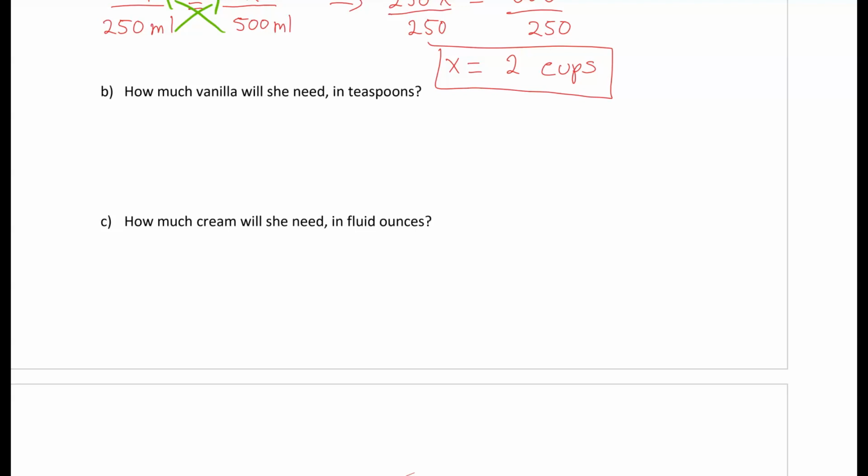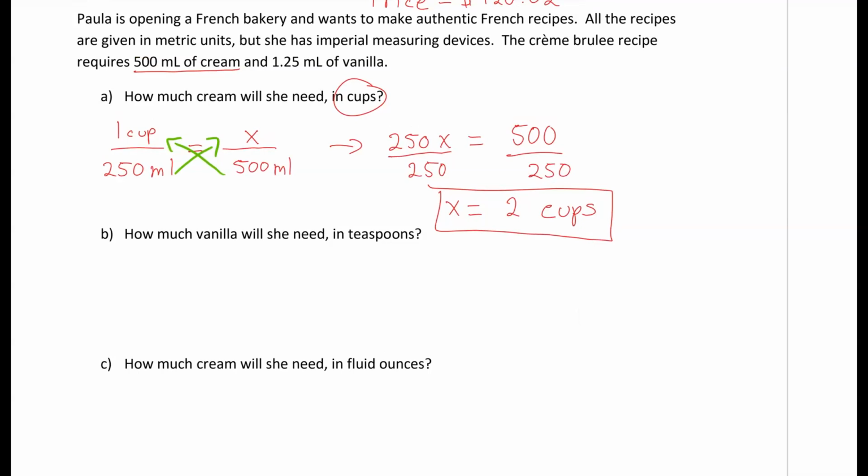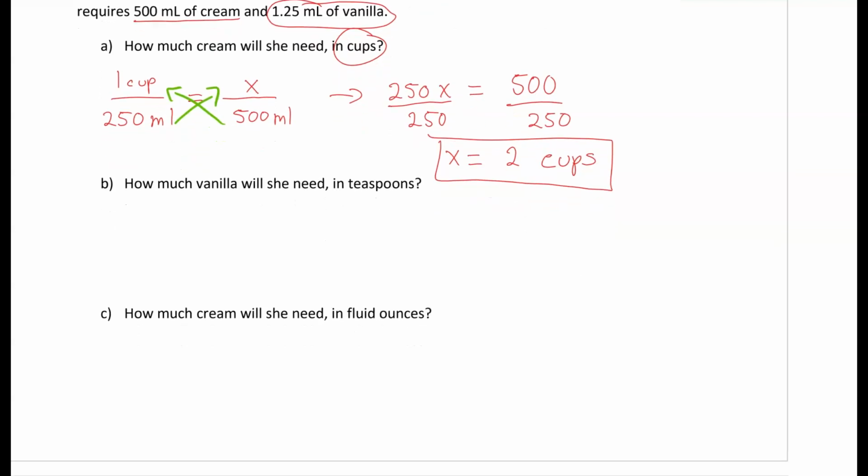Next, we have how much vanilla will she need in teaspoons? Well, if we look back up, we have 1.25 milliliters of vanilla. First thing we need to think about is what is our conversion. So our conversion, if you look back to your first page, is 1 teaspoon is equal to 5 milliliters.